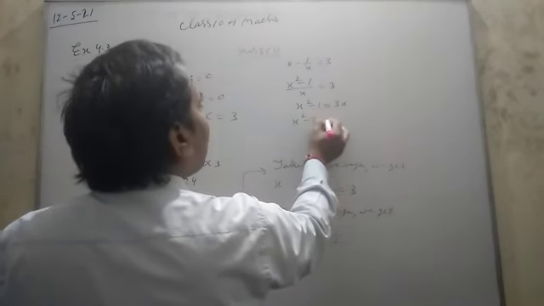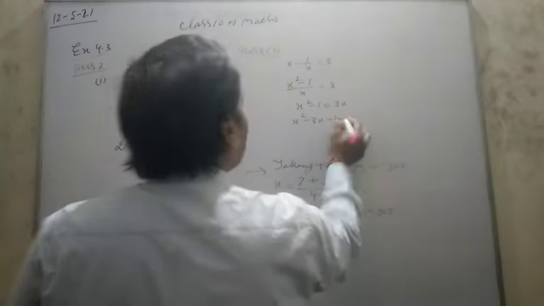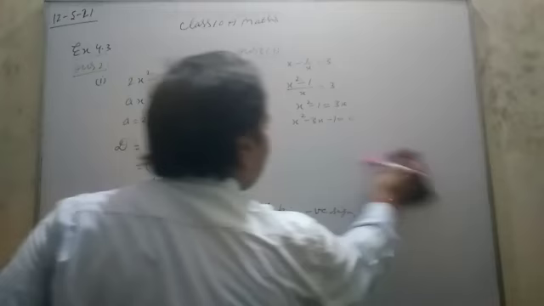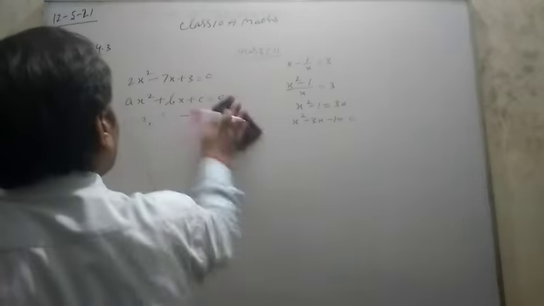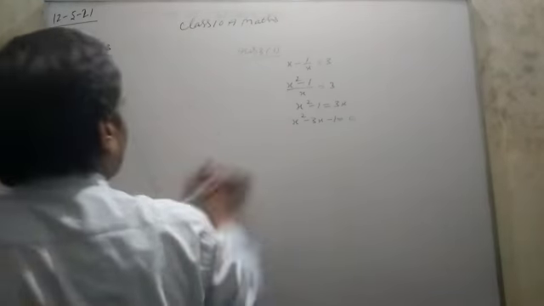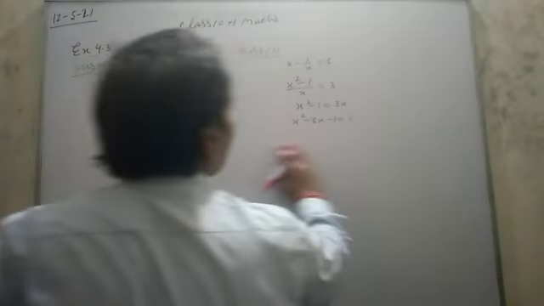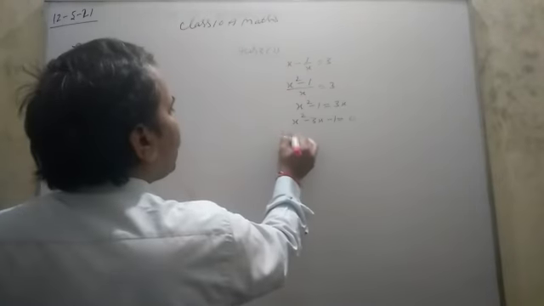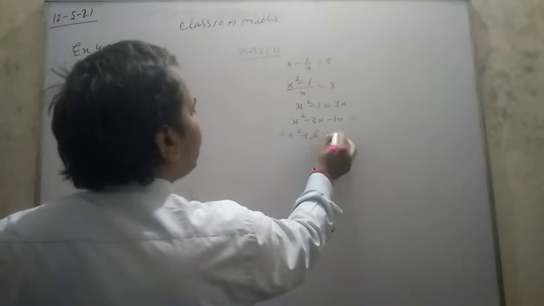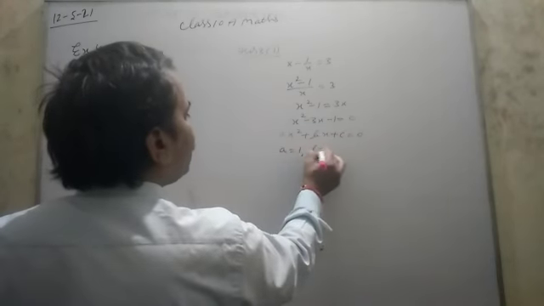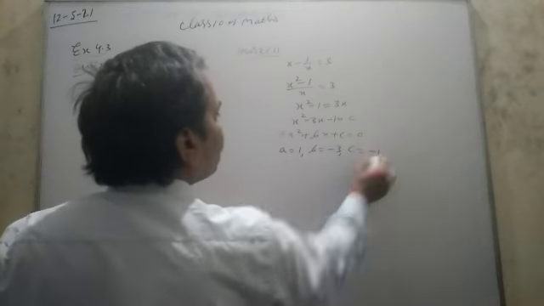So x square minus 3x minus 1 is equal to 0. After that, comparing with ax square plus bx plus c is equal to 0, a is equal to 1, b is equal to minus 3, c is equal to minus 1.